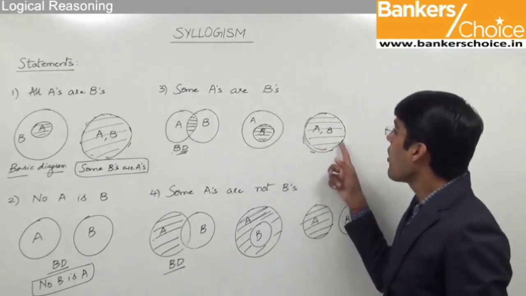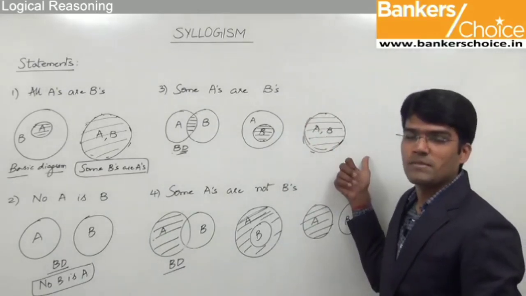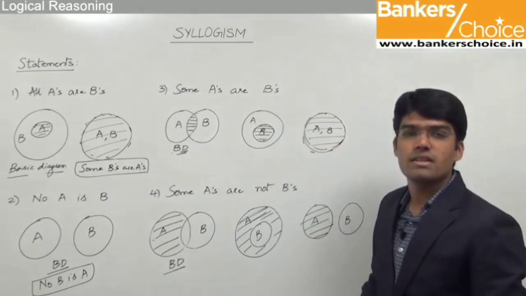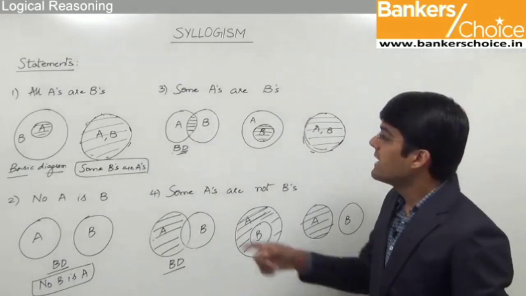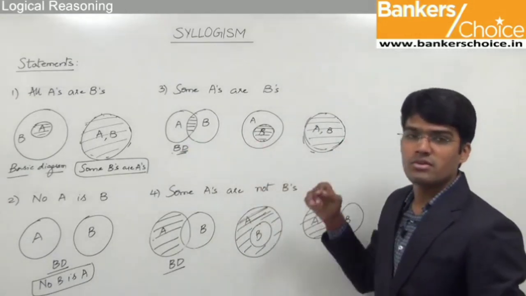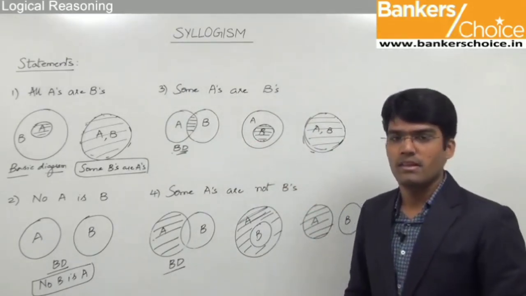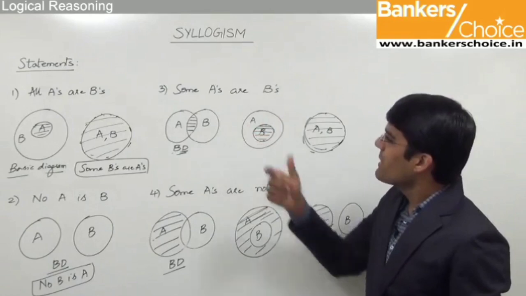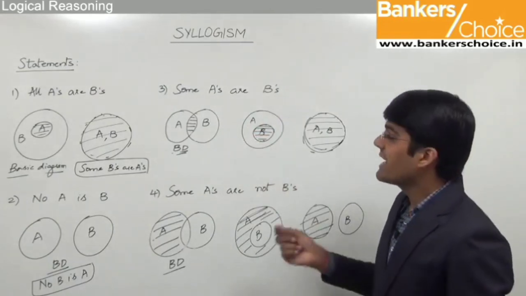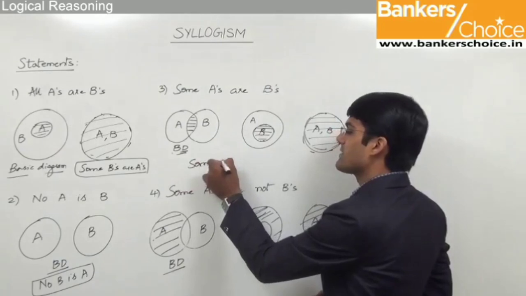Because here you can see all the A's are B's. There is no A which is not B. So here, when we say that the conclusion is some A's are not B's, it satisfies the first two diagrams, but it doesn't satisfy the third one. So some A's are not B's cannot be taken as a correct conclusion. Now, the conclusion for the statement some A's are B's, which satisfies all the three diagrams, is some B's are A's.